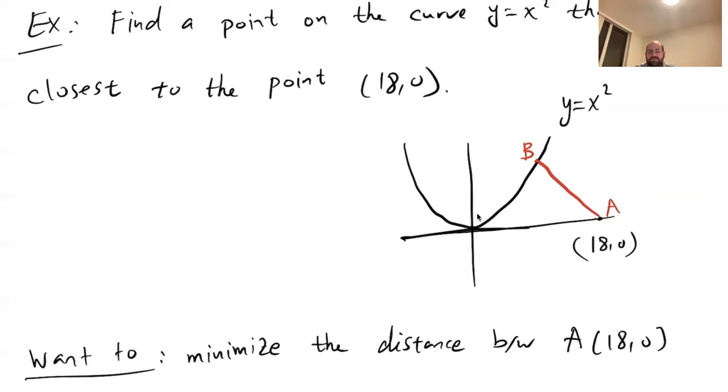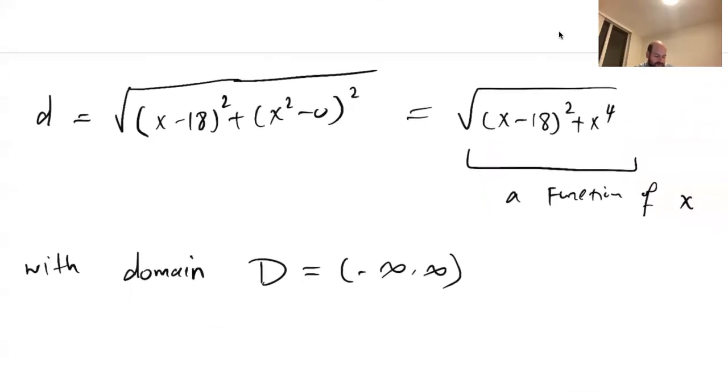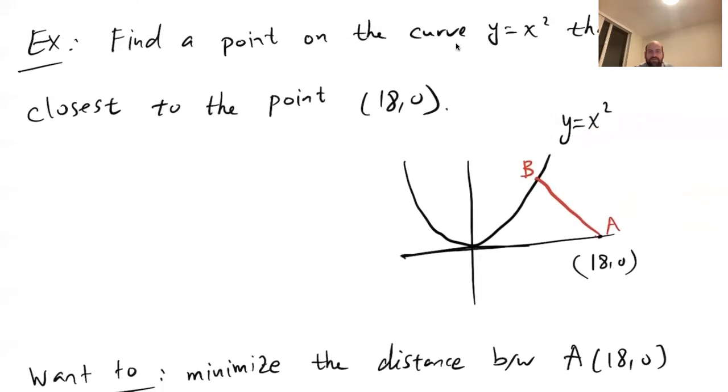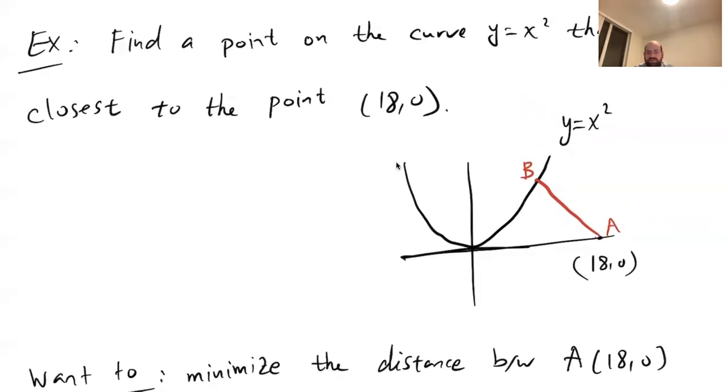And as x moves along this curve, x can go anywhere from minus infinity to infinity. So domain of this function will be minus infinity to infinity, right? Because we want to choose among all points on this curve the one that's closest. All points on this curve means any point with x value anywhere from minus infinity to infinity.